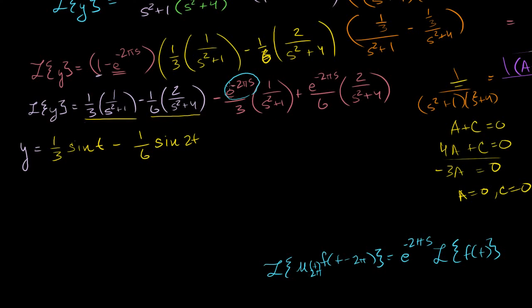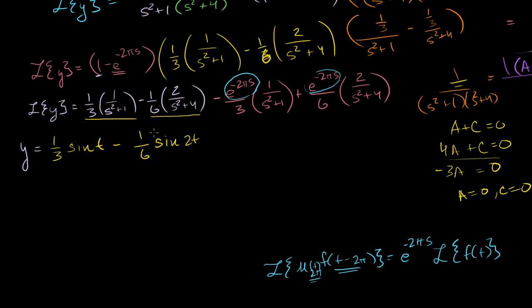If you didn't have this guy here, the inverse Laplace transform of this guy would be the same thing as this guy. It'd just be sine of t. Inverse Laplace transform of this guy would be sine of 2t. But we have this pesky character here, which essentially, instead of having the inverse Laplace transform just being our f of t, it's going to be our f of t shifted by 2 pi times the unit step function where it steps up at 2 pi.